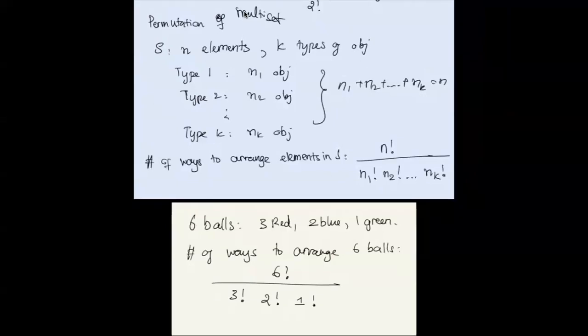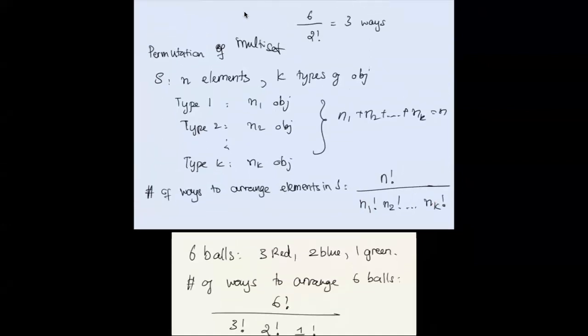And if you think about this formula, isn't that formula for when they aren't distinct? Yeah, this is for when they aren't distinct. For example, the 3 red balls, they are not distinguishable, right? And the 2 blue balls, they are also not distinguishable.